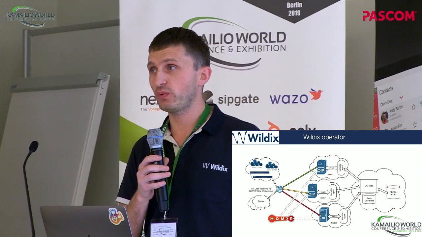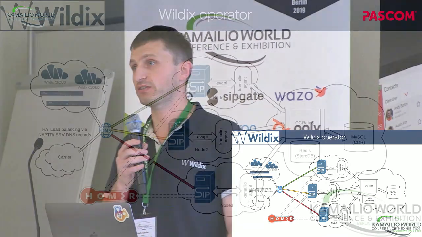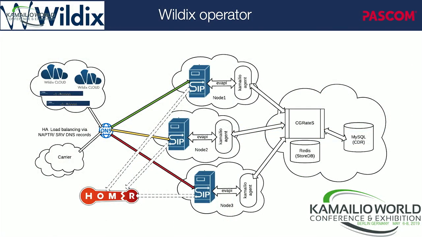As I said before, we sell PBXs, and we behave as an operator for our clients. From the point of view of architecture, how does it look? We have a cluster of Kamailio nodes, as you see on the slide.